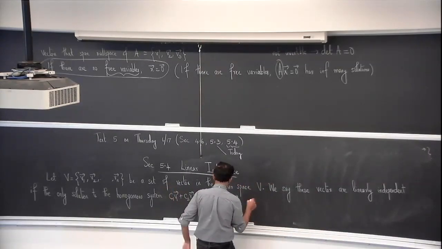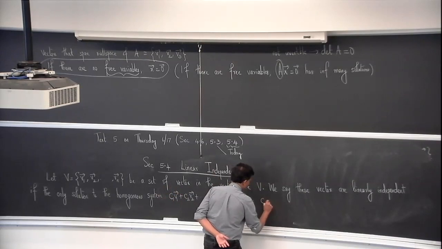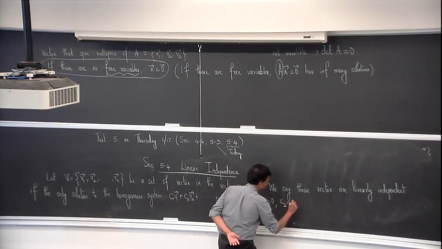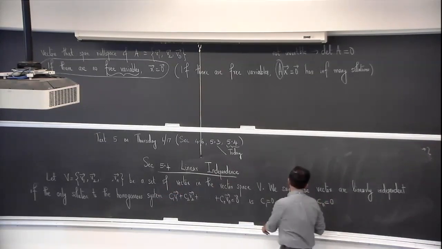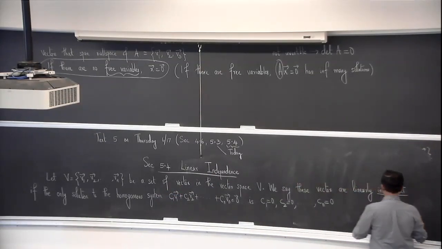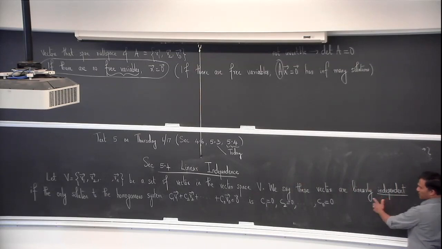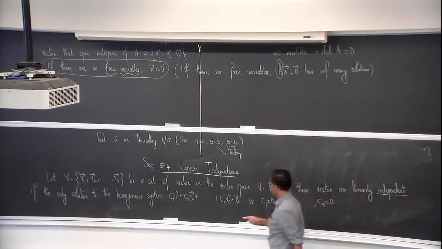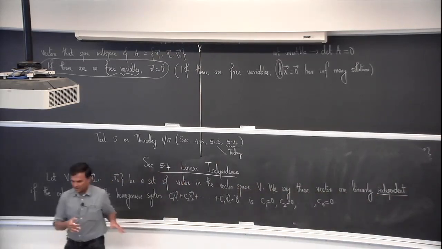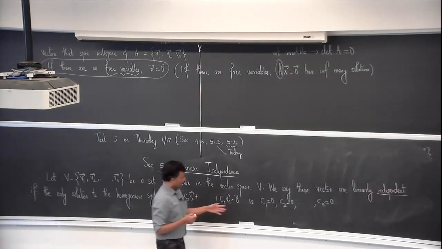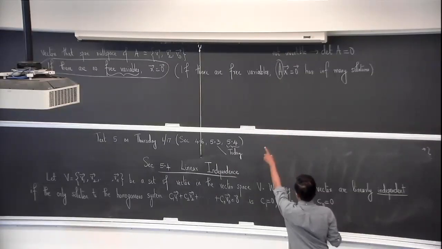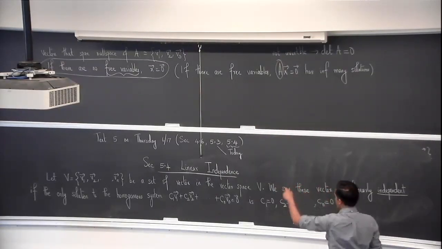So the only solution is c1 equal to 0, c2 equal to 0, all the way up to cn equal to 0. Make sure that you're writing the correct word here, linearly independent, which means that there is no dependency between those vectors, which makes sense because there is no way those vectors are related in any fashion. Which also means that the only solution is the solution x equal to 0. There are no free variables.